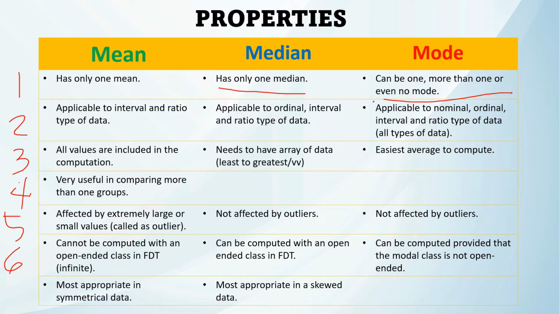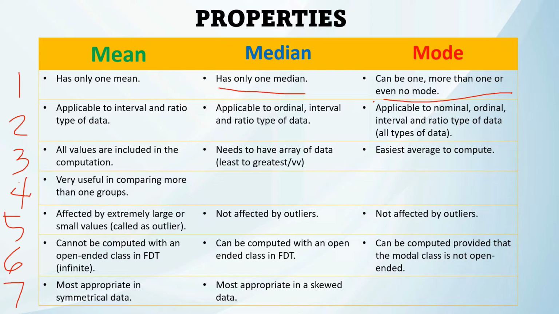And last row, number 7 or the 7th row: mean is more appropriate in symmetrical data. So kapag symmetrical data, it is more appropriate in a normal distribution, or kapag normally distributed yung data.